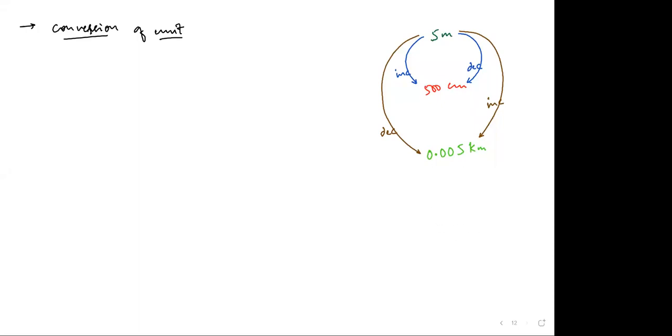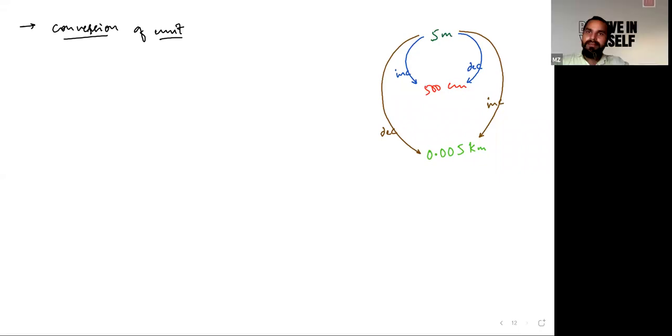Okay, so here I'm defining two terms. First is the numerical part, and second, the unit in which that given quantity is measured. If you increase the numerical value, the unit decreases, and if you decrease the numerical value, the unit increases.